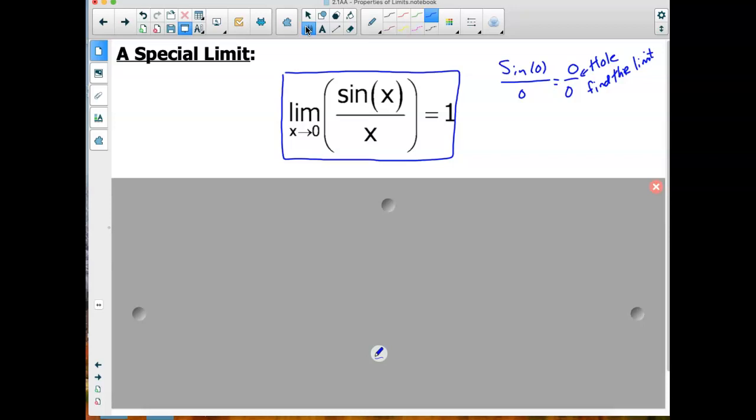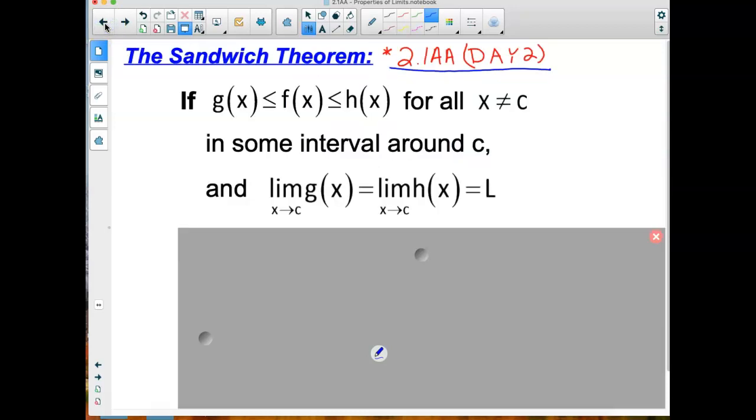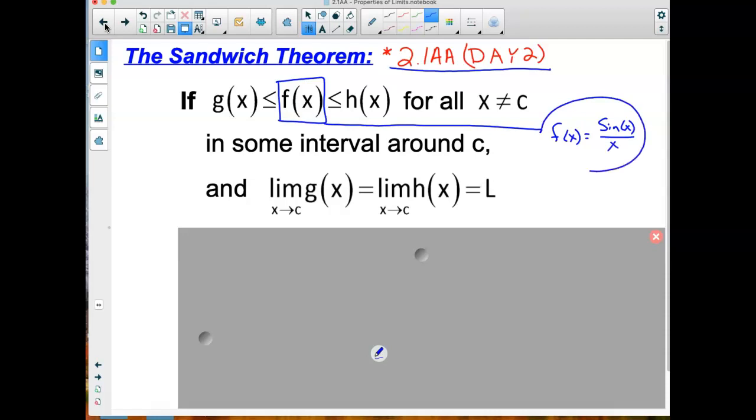So there, that's why. But I'm going to come back here now, and we're going to talk about the sandwich theorem. And it's exactly as it says. My f of x function right here, I'm going to let be sine x over x, because some books, in fact all of them in some way, shape, or form, use the sandwich theorem to prove this.